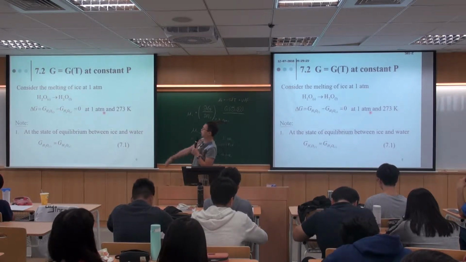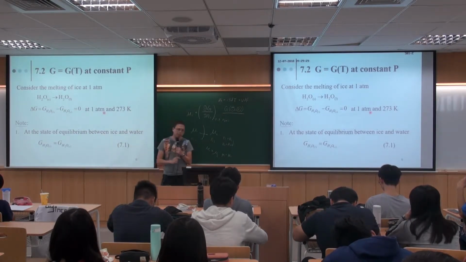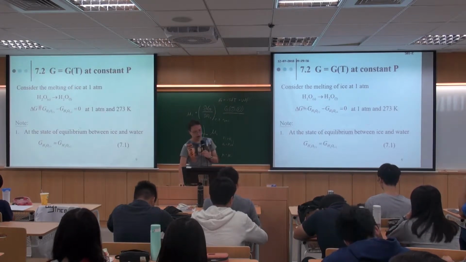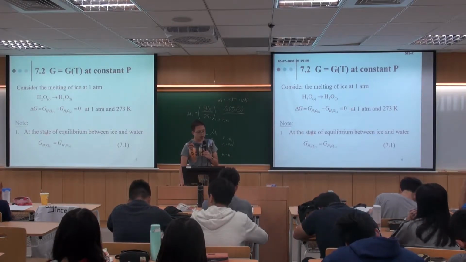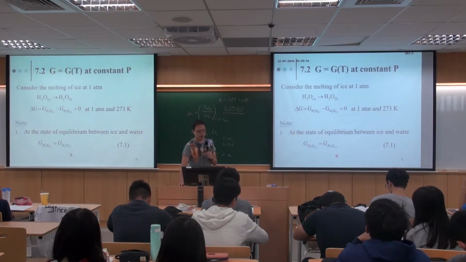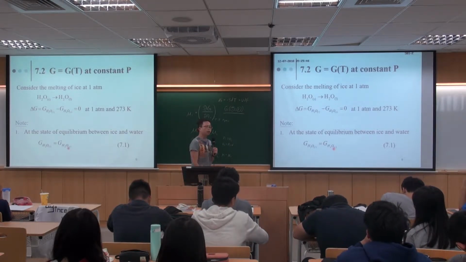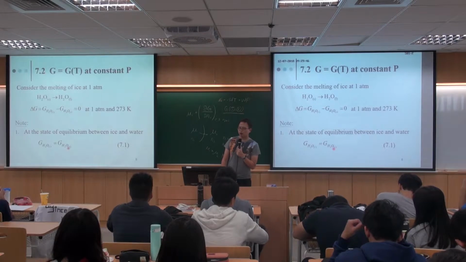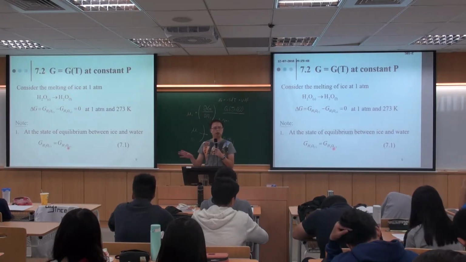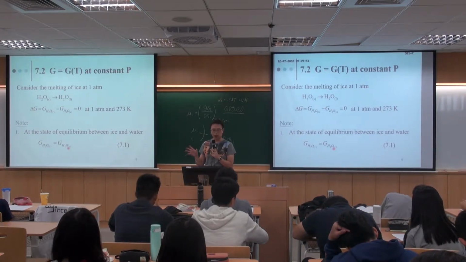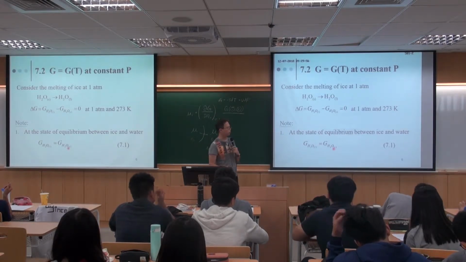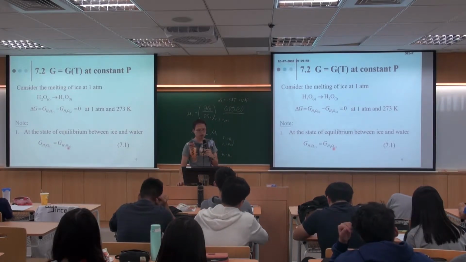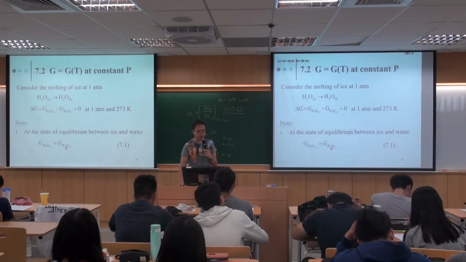So if you consider that as a chemical reaction, then the Gibbs free energy change from here to here should be 0, a delta G of 0. Then it means that water and ice should have the same Gibbs free energy. If you consider them as two different species, they should have the same Gibbs free energy. But of course, they are the same species, just in two different phases.